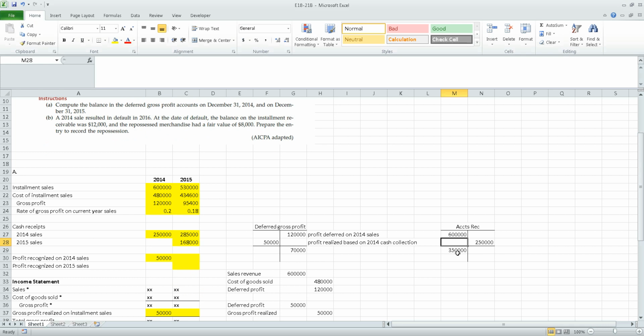We made another $530,000 worth of sales this year, so we would have debited receivables and credited sales for that amount. I'm going to update the T account for that. Then we collected $285,000 on sales we made last year, so debit cash, credit accounts receivable, $285,000. And then we collected $168,000 on this year's sales, debit cash, credit accounts receivable, $168,000.